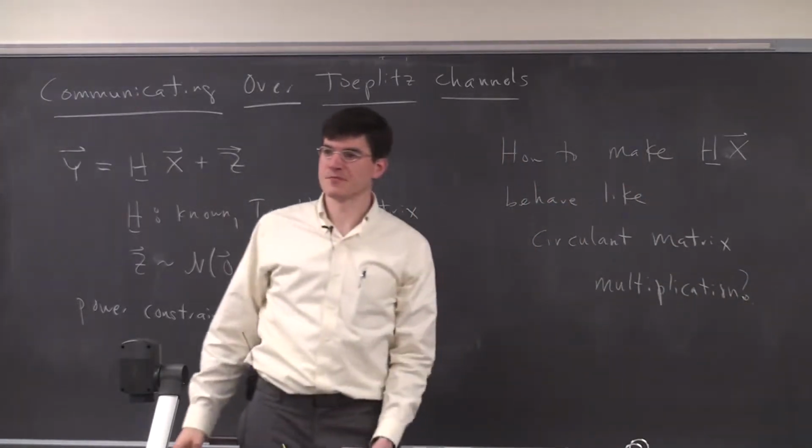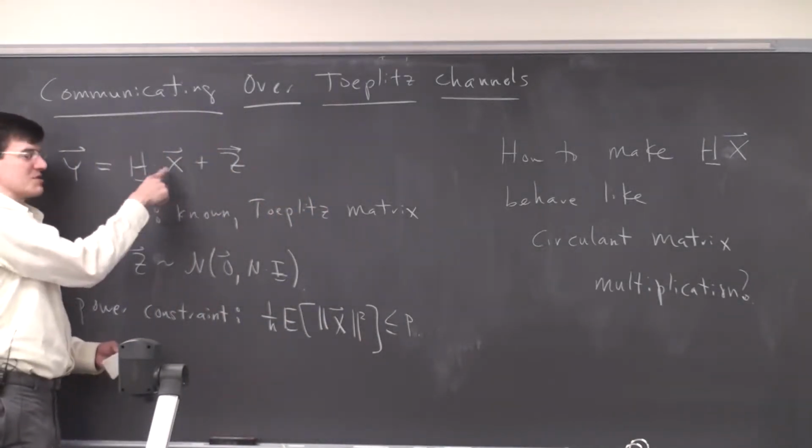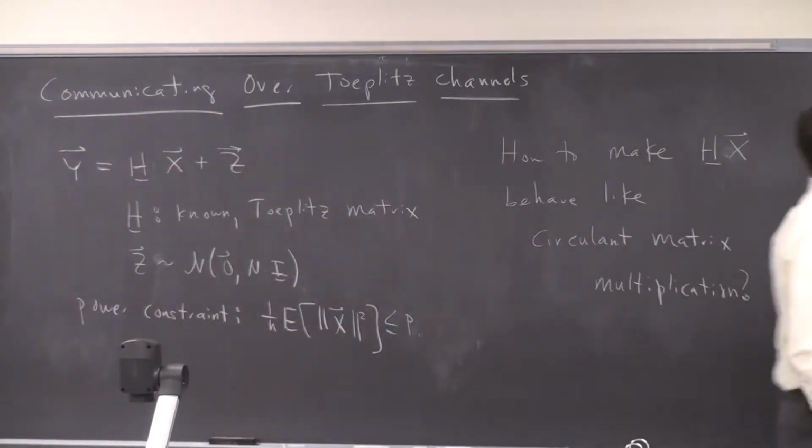If we could make this magically behave like a circulant matrix multiplication instead of a Toeplitz matrix multiplication, then we're good. Then we can just invoke what we just did.